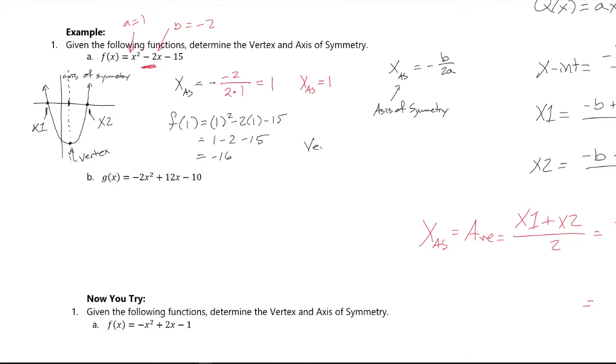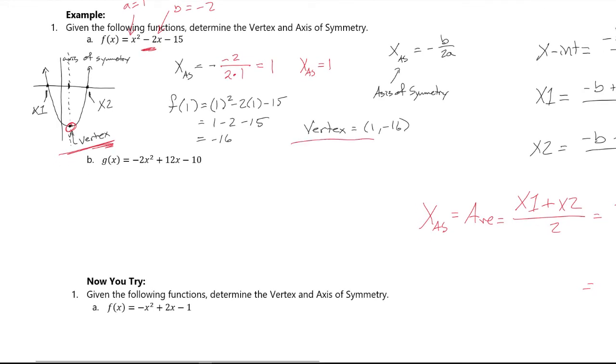So the vertex is at 1, -16. We know that we can just plug that x value of the axis of symmetry into the function to get the vertex, because we know the vertex is on that axis of symmetry. I know that if I plug that x value in, I'll get this point on the graph. So that's why we just plug that in there.